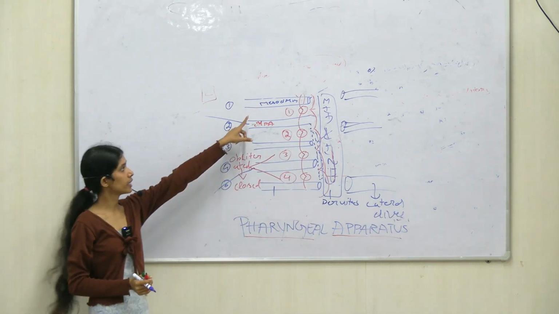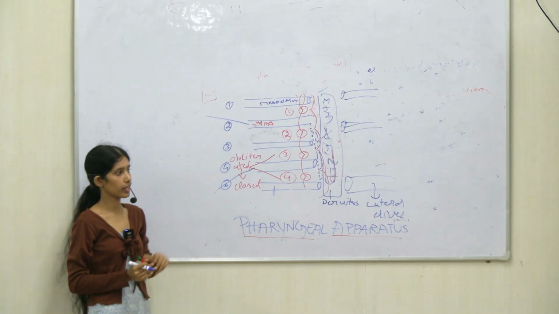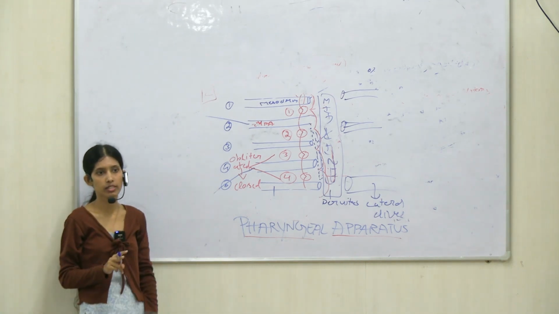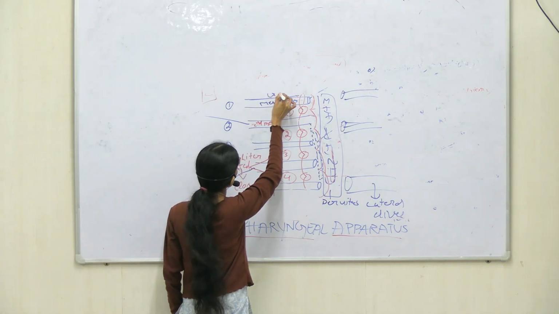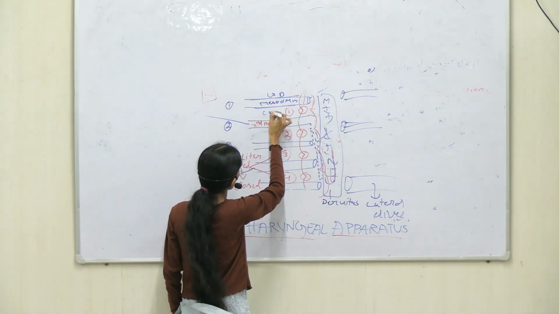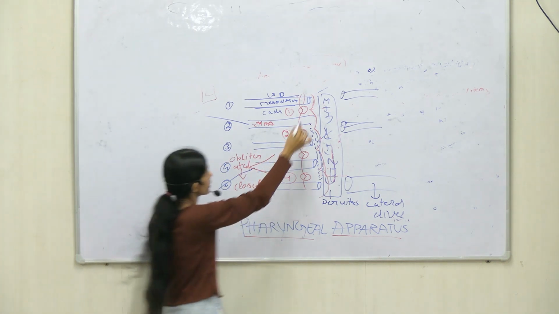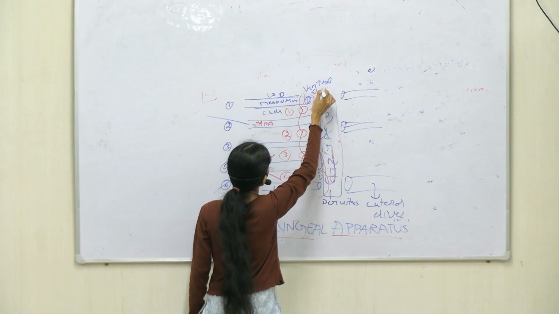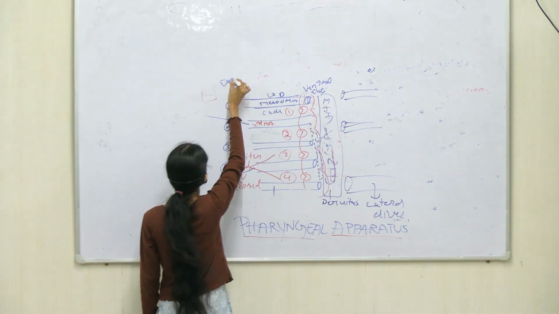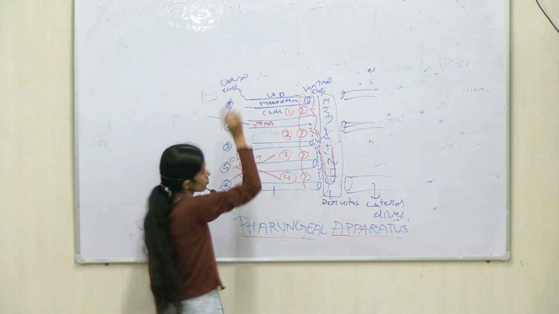And remember, each pharyngeal apparatus has two borders and two ends. This is the cranial border and this is the caudal border, and this end is the ventral end and this end is the dorsal end.